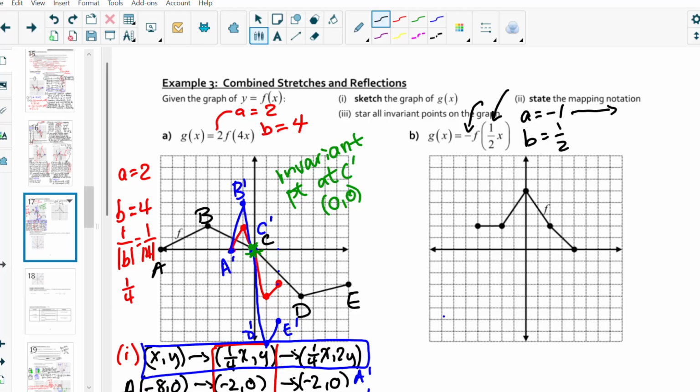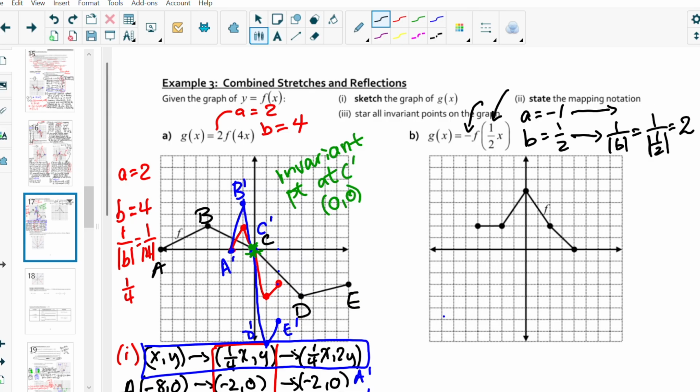It's negative 1, so it's not going to stretch vertically, but it's going to be a reflection in the x-axis. Okay. This one, b value is 1/2. Remember, that's different than the factor. So I have to do 1 over the absolute value of b. So that's 1 over 1/2. So my horizontal stretch factor about the y-axis is a factor of 2. So I multiply all x values by 2.